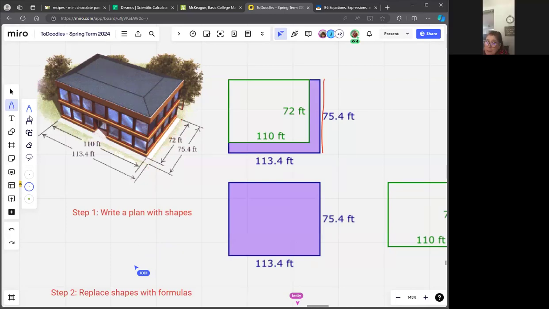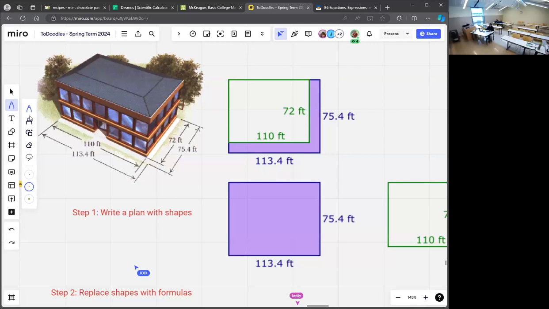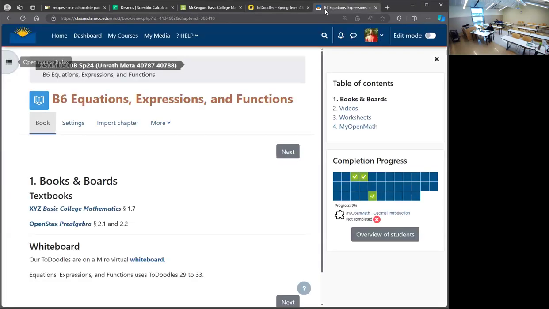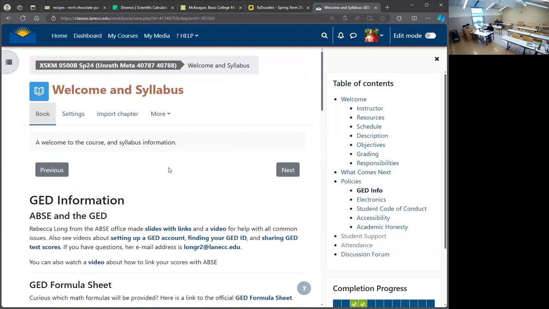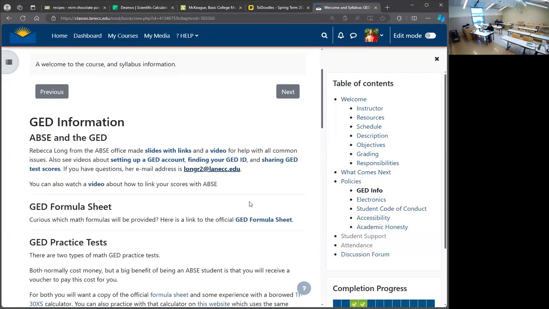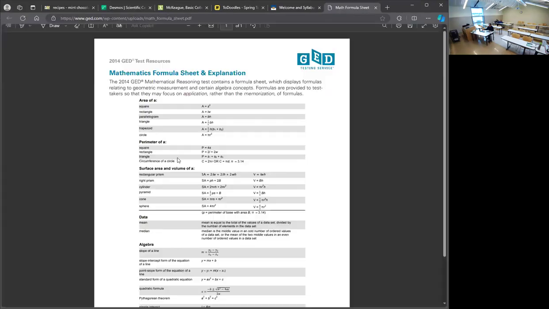David, yeah, I have a question. Will they ask for the formula or for the answer? They'll ask for the answer. So let me show you another thing. If you go into the syllabus in the GED info, one of the things you'll be able to see is the formula sheet.